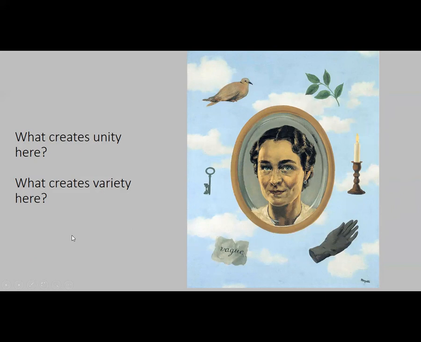What creates variety? I see lots of curved shapes. The woman, the mirror, the key, the bird, the leaves, the candle holder, the gloves, the crinkled paper. So what can you compare that to that there's very little of?